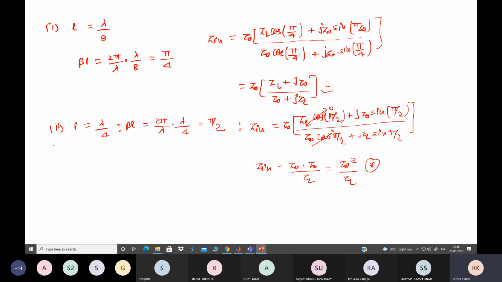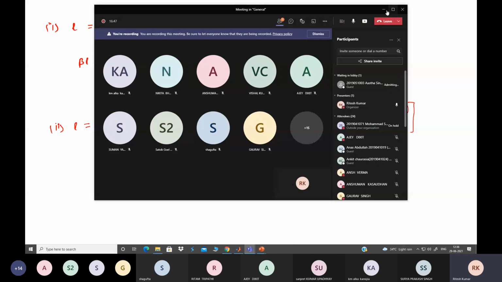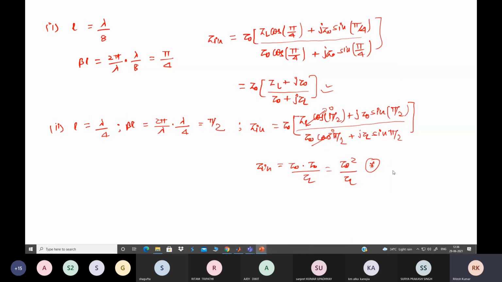Very important expression. In the case when we have L equal to λ/4, we will make some conclusion on this one. Actually, see what we observe here: when the length of the transmission line is λ/4, there will be some load impedance denoted by ZL. Now what we observe here is that input impedance is Z0 square by ZL. Means if suppose ZL is capacitive in nature, capacitive means suppose minus j is there in the denominator.